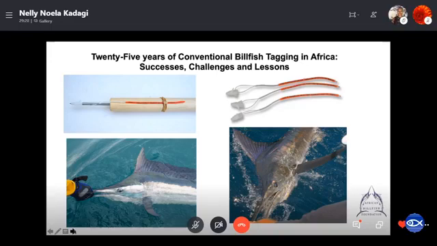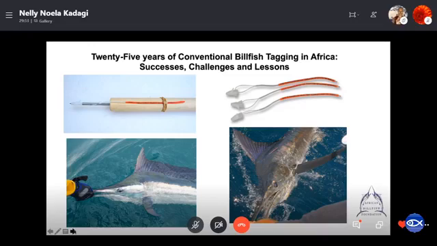And when I talk about tagging, it's basically a special hydroscopic plastic that's deployed under the dorsal of the billfish, and it helps us to track where the billfish has been caught, where it will be recaught, and some other information that helps us to know what's happening to these species as they move across the ocean.